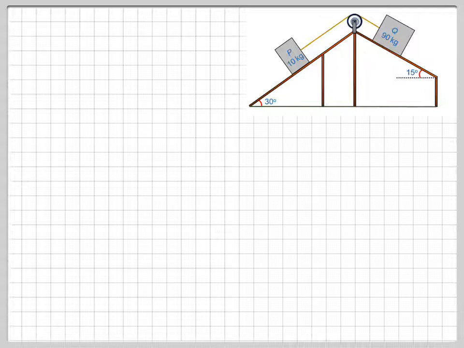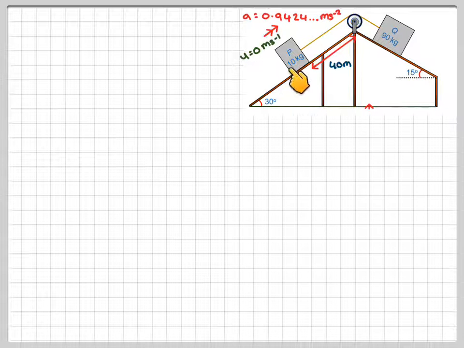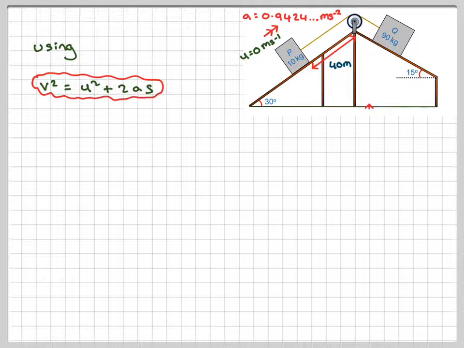Right, now we're told that P is 40 meters away when it starts. So a is going to be my value I've already calculated, 0.942, and the initial speed is 0. So using v squared equals u squared plus 2as, we have that v squared is equal to 0 plus 2 times 0.9424 times my distance, which is 40.